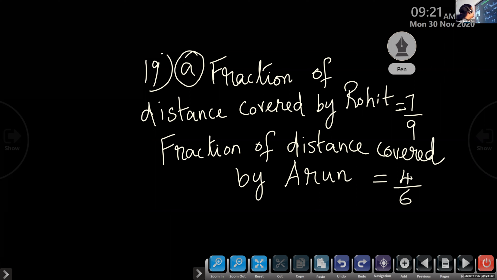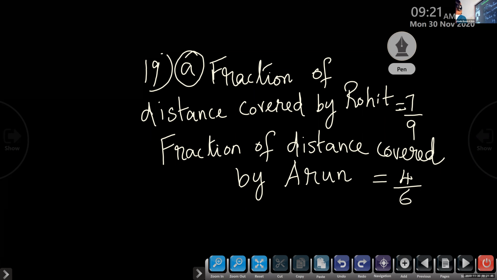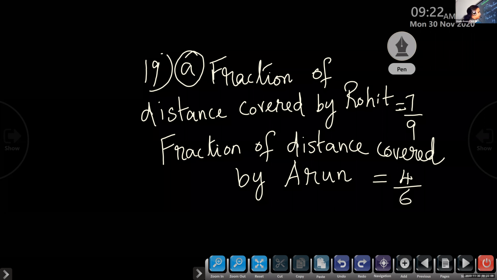Okay. Now children, write this. Then we are going to draw 7 by 9 and 4 by 6. Fraction of distance covered by Rohit is equal to 7 by 9. Next, fraction of distance covered by Arun. What is that? 4 by 6. Now draw two equal rectangles. We want to find out.